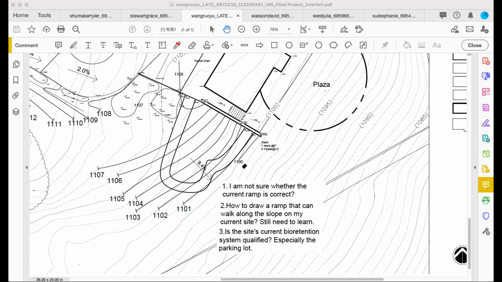You can do 5% with a side slope, and then see how you connect the contours to the surrounding, your original design of the contours. We won't be able to draw it out for you. You'd have to go through that process. You have to have a draft for us to comment on and for us to help you change it to a better solution. Your stairs need to be redesigned. Right now they're not. Yeah, the stairs and the ramp need to be reworked.